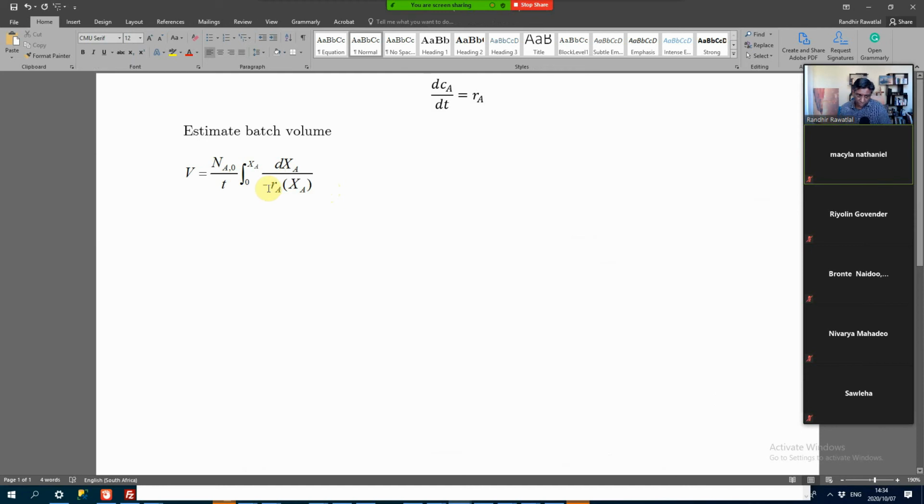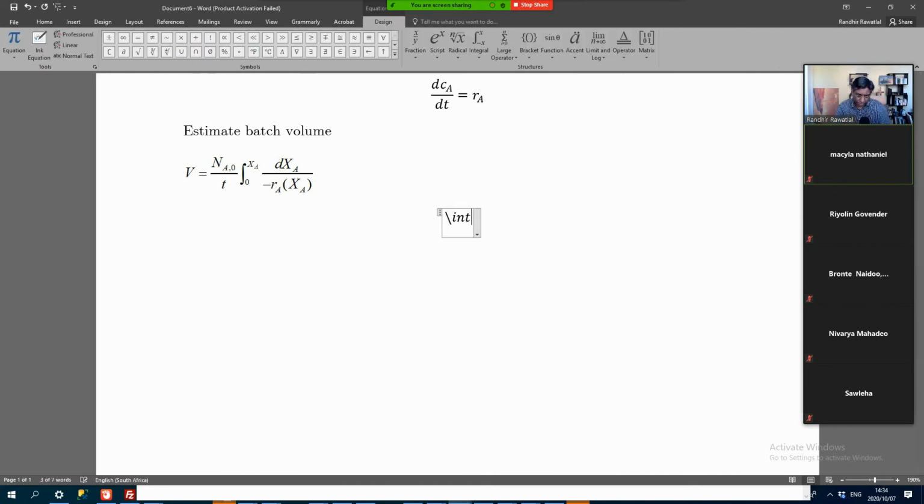We know RA is some function of XA, and we need to find that integral. Let's talk about numerically how we can estimate this. So we want the integral from 0 to XA.